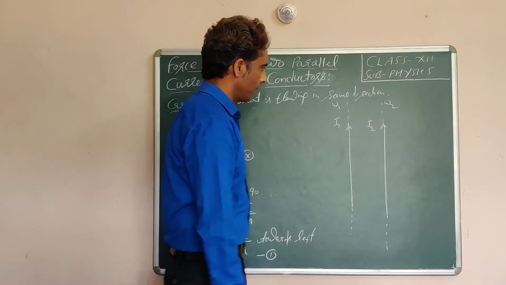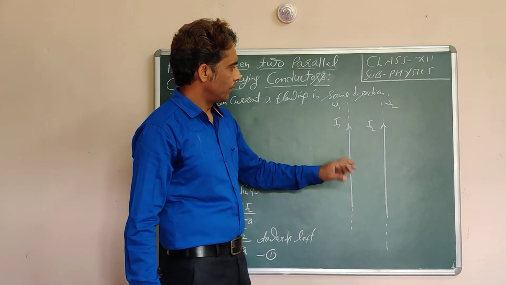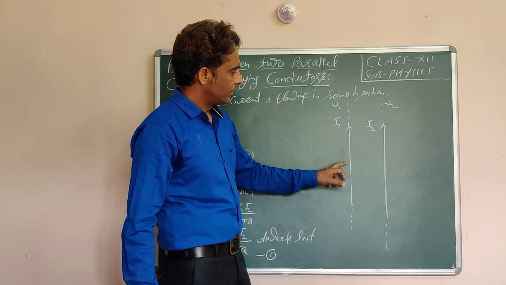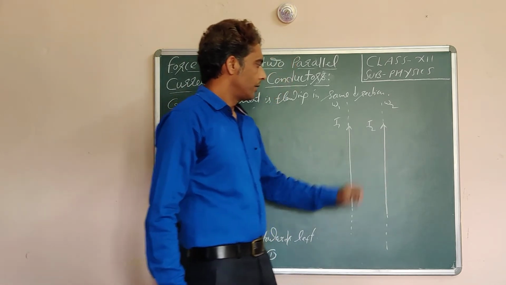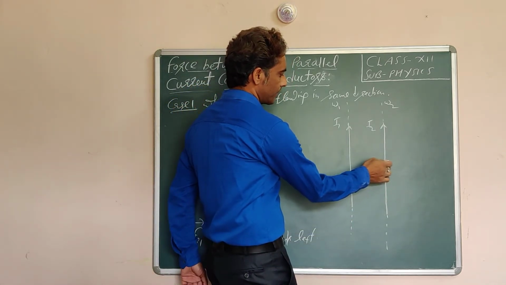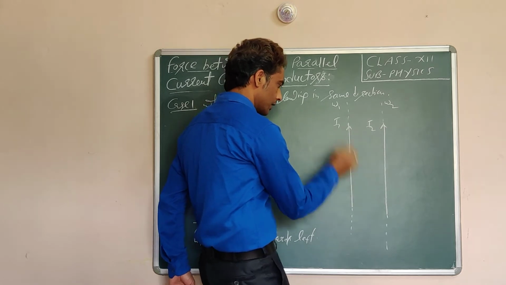Now again, for finding force on this conductor due to the magnetic field of this, we first find the magnetic field of this conductor at a certain point on this conductor.